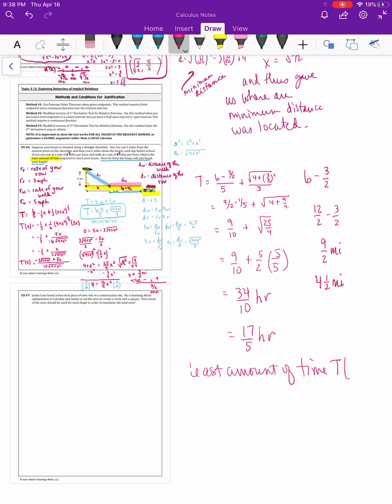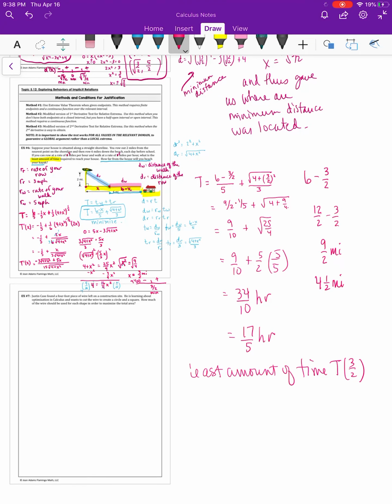So the least amount of time was our t of 3 halves, and our how far down the shoreline from the house. How far from the house will you beach your kayak?